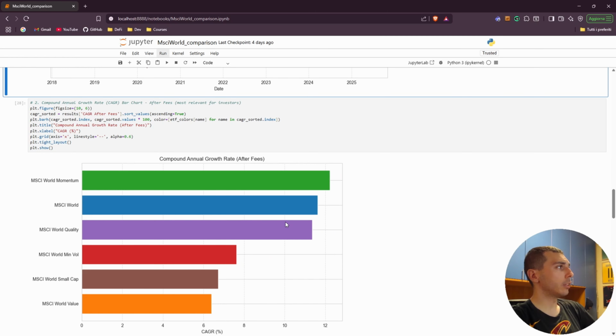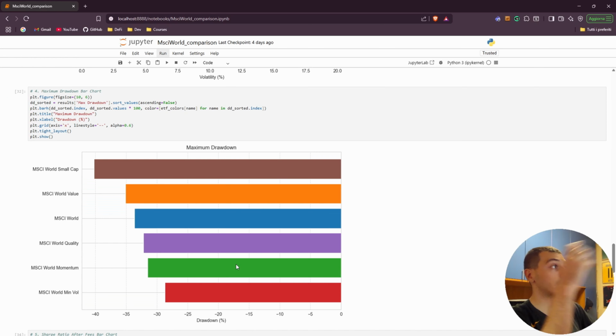Let's see this better with the second chart. This bar chart reflects what we just saw above. Look at the MSCI World Momentum leading the table, followed by the MSCI World and the MSCI World Quality. The MSCI World Small Cap and the Value one have significantly shorter bars, showing they delivered much lower growth during this period.